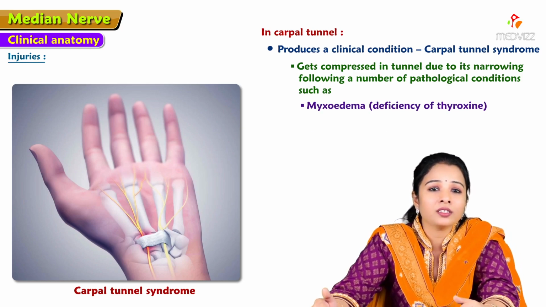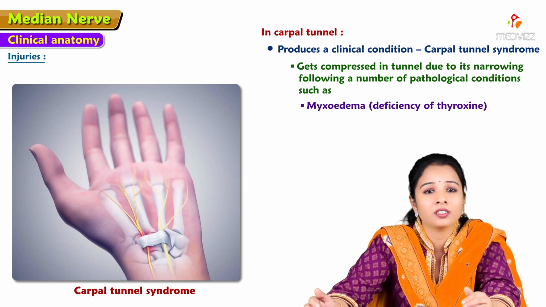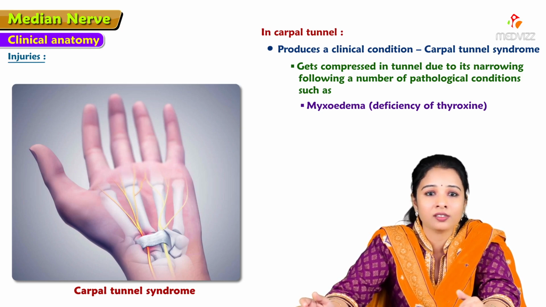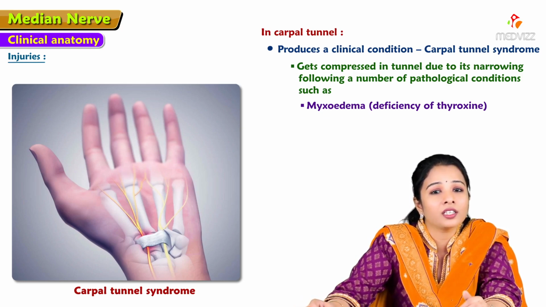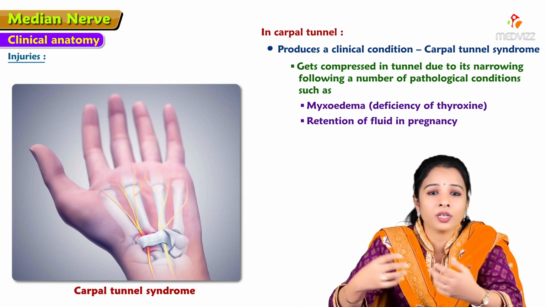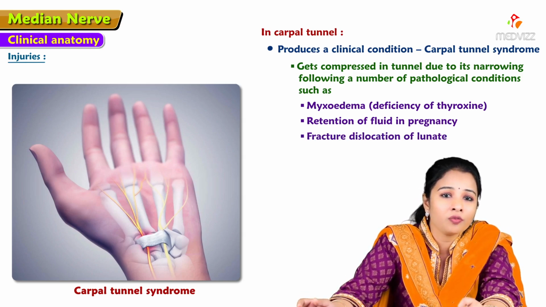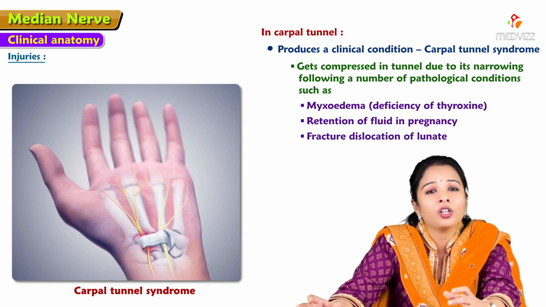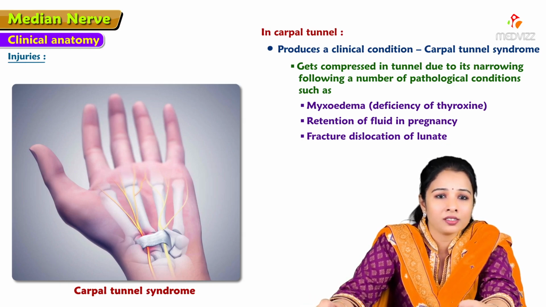Myxedema means deficiency of thyroxine hormone, so hypothyroidism results in myxedema in adults. So that also may be a reason for compression of the median nerve, and retention of fluid in pregnancy. The fluid also may compress, and fracture causing dislocation of the lunate bone. So all these are the predisposing factors of carpal tunnel syndrome.